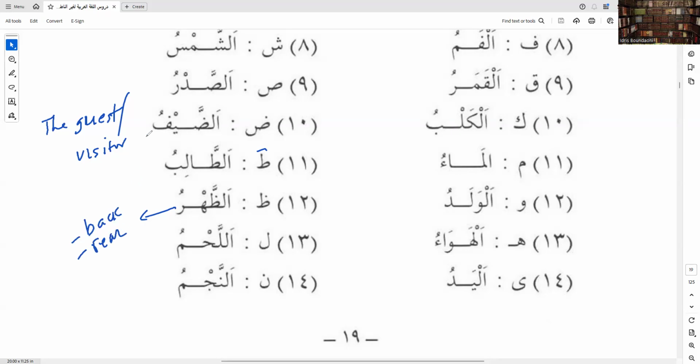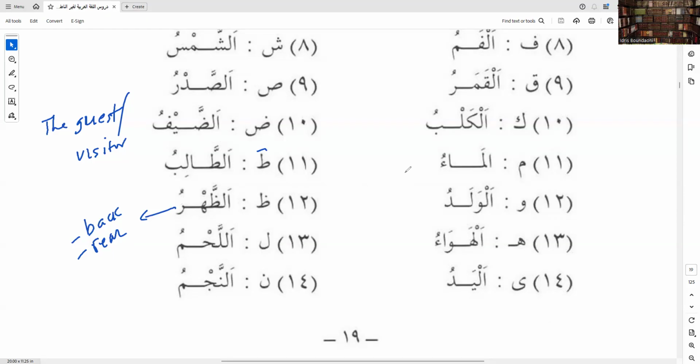It can also be the top of something, and it can also mean the face. But here, the writer is using it for the back. Your back is your zahr, or your rear.